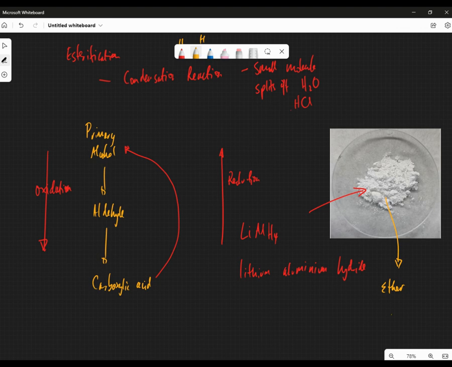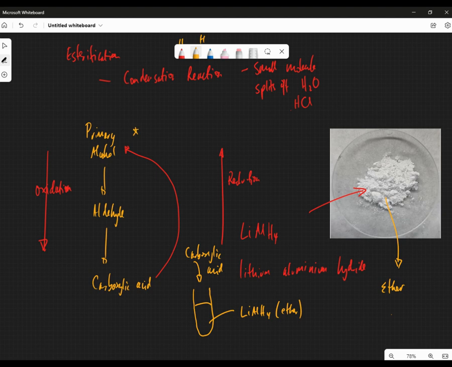So you put it all in a test tube. You have your lithium aluminium hydride, which can't go in water, in ether, and then you pop your carboxylic acid in there, and it converts it to the primary alcohol.